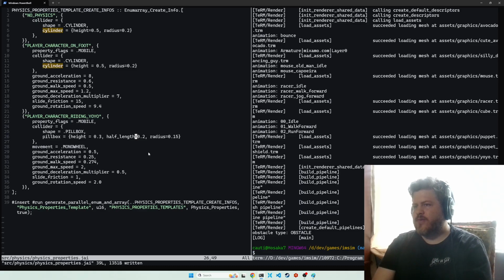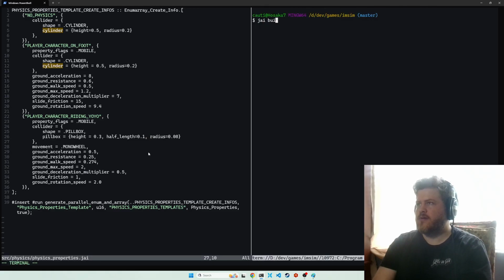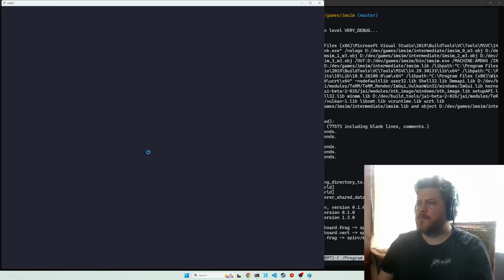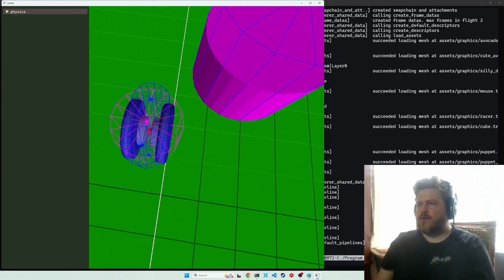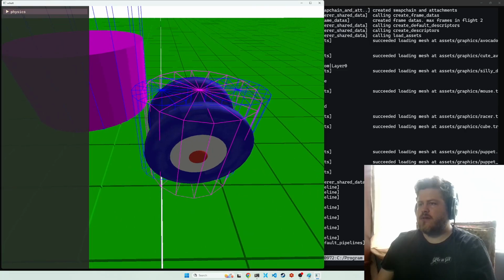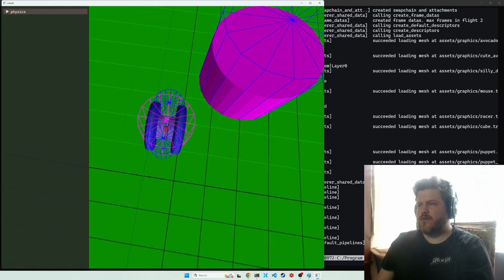Half length, way too long. Radius too big. Let's say radius 0.08 or something like that, and half length 0.1 maybe? Something like that. No, okay, definitely wider than that, so larger radius.